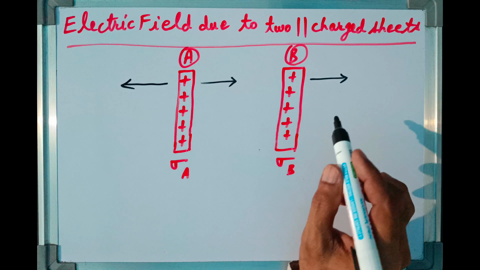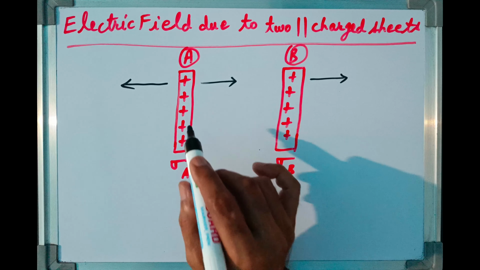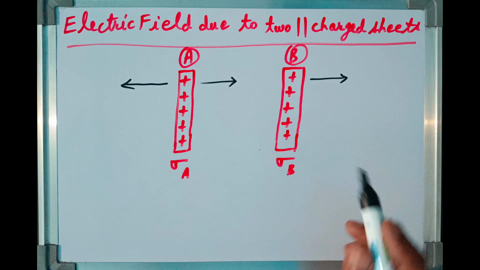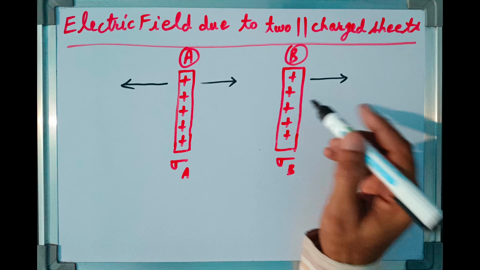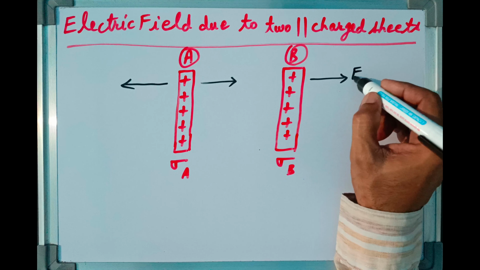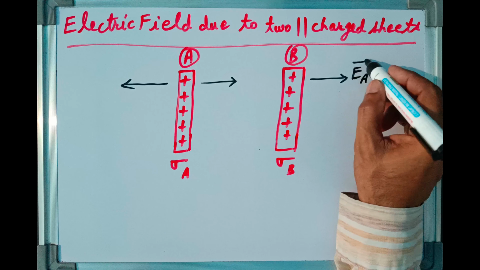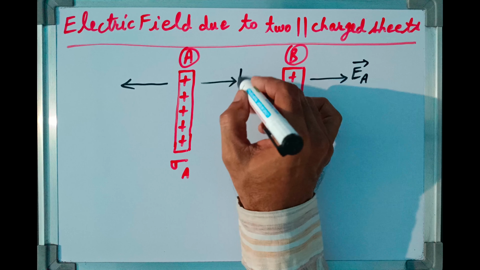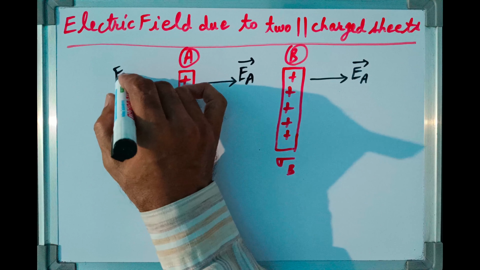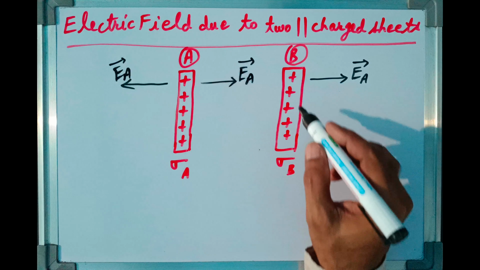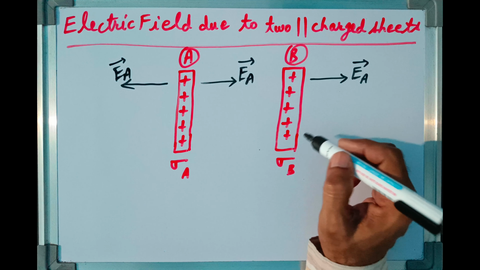So these lines represent electric field due to sheet A. Let me call this electric field EA due to sheet A, EA vector.